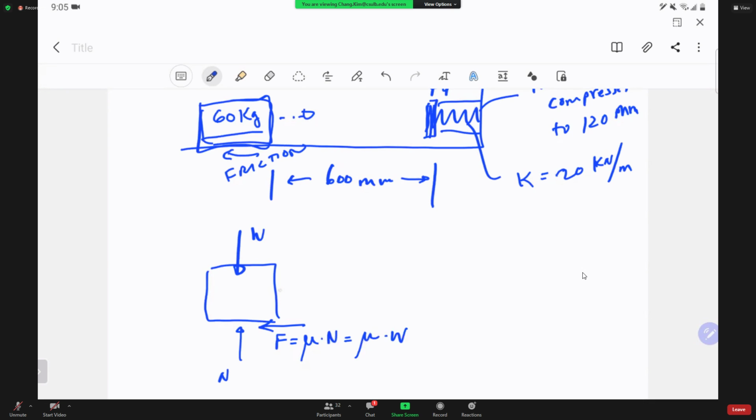This block will be moving to the right, and when it hits, the spring will be compressed, right here, something like that. They measured this distance to be 40 millimeters.